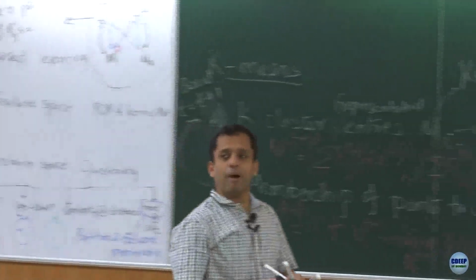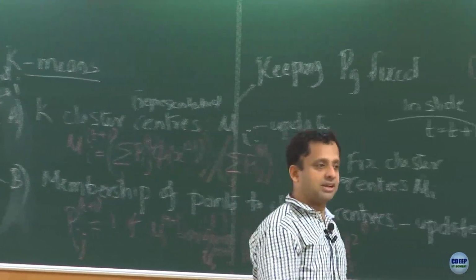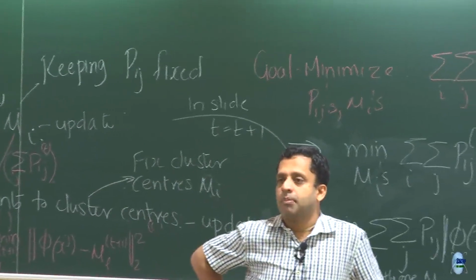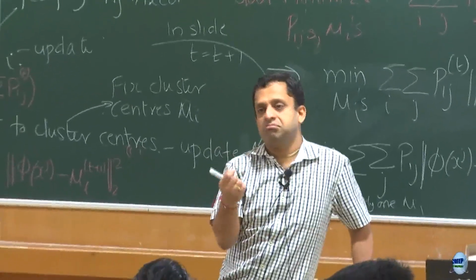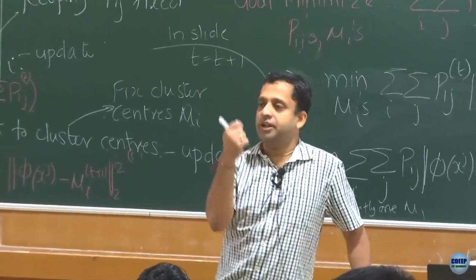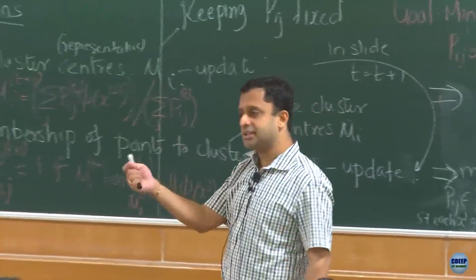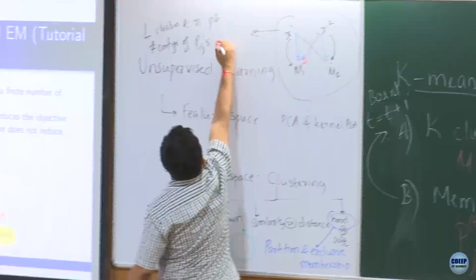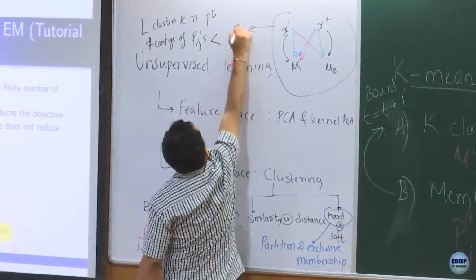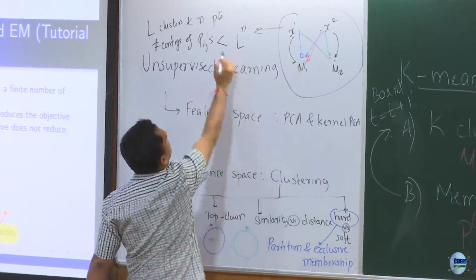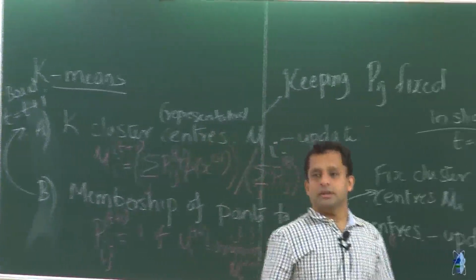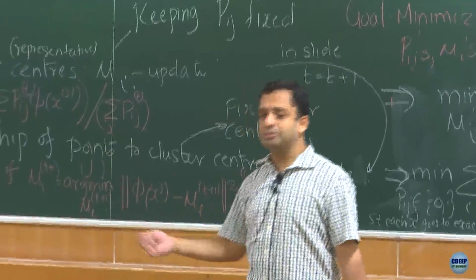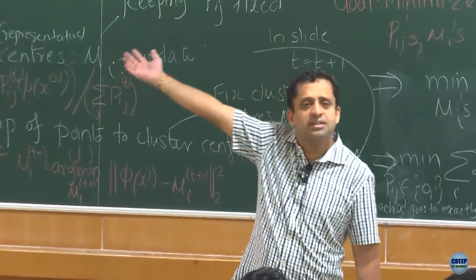Is it L to the power n, somebody said, is it an upper bound or the exact value? Take a cluster, for a cluster any of the n points can belong to it, for the next cluster any of the n points can belong. So, certainly the number of configurations is less than or equal to L to the power n. Now, we have discounted the fact that a single point cannot belong to multiple clusters, which is still okay. So, this is an upper bound.